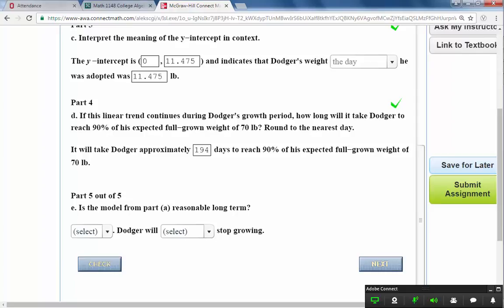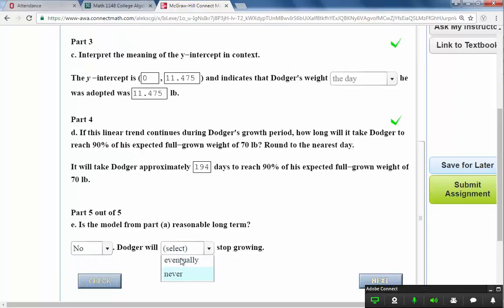So any model is always limited in range. You can go a couple months, 3-4 months, but after that, it's highly prone to defective estimates, okay? So you cannot use these models for long term, maybe several months, that's it, because dogs eventually stop growing, right? Everything, pretty much.